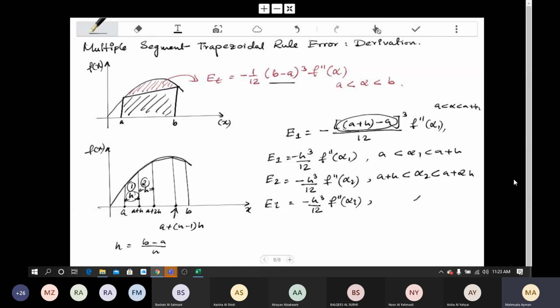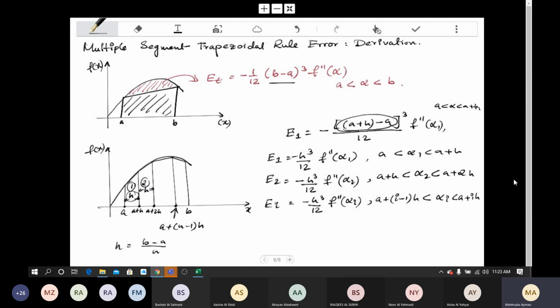And alpha i is in the boundary from a plus (i minus 1) times h to a plus ih.